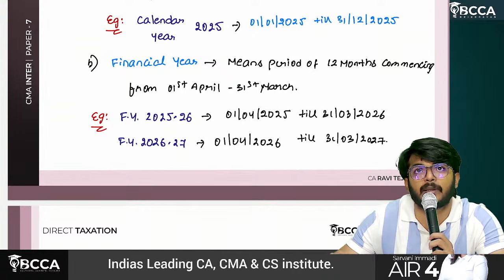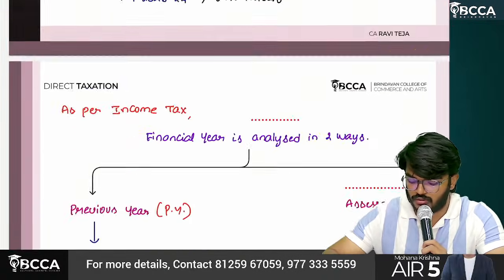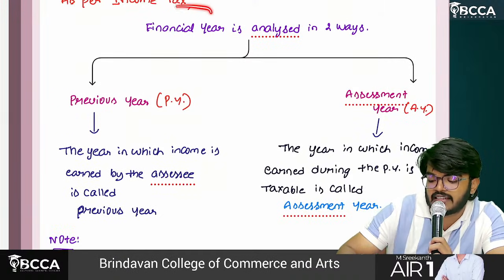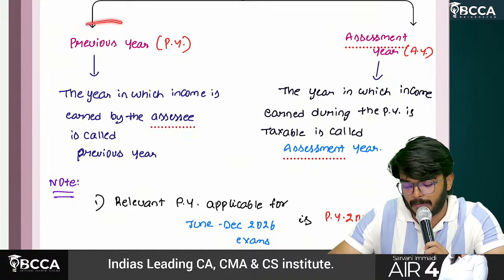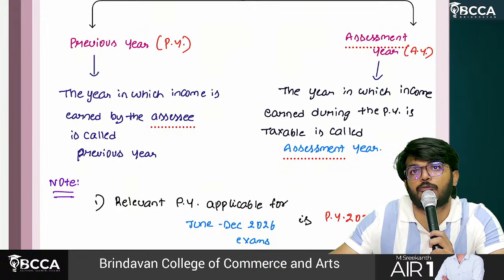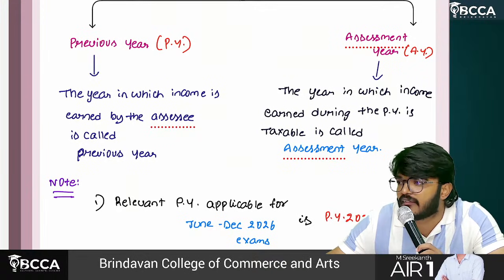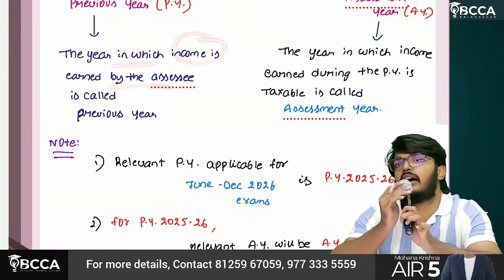What is the relevant previous year applicable for our exams? Next, we have understood that the financial year is also classified into 2 years. What is the first year? Previous year. The second year is what? Assessment year. What is the meaning of previous year? Previous year is the year in which income is earned by the assessee.